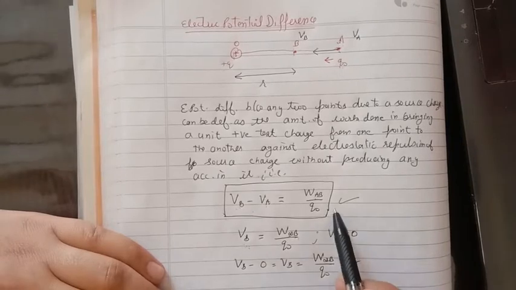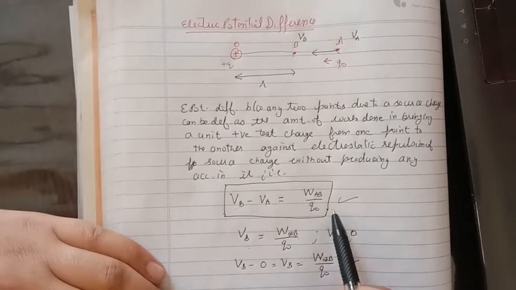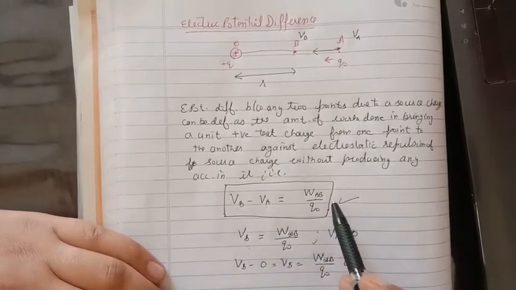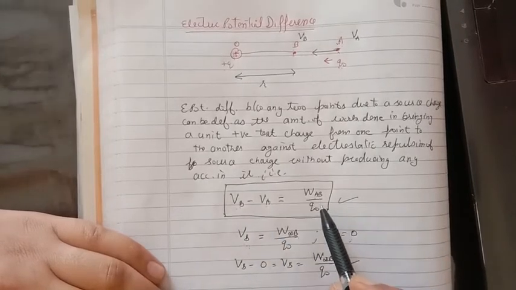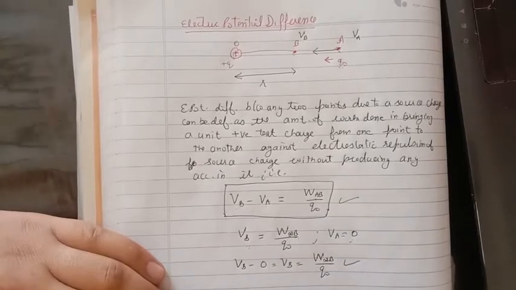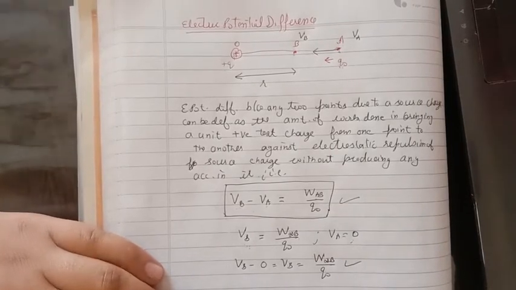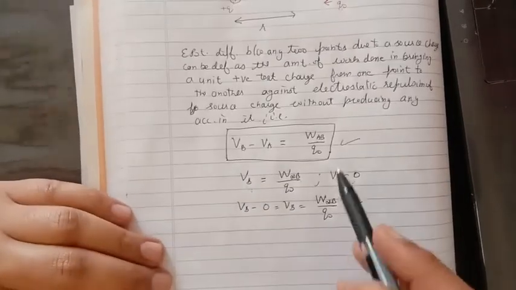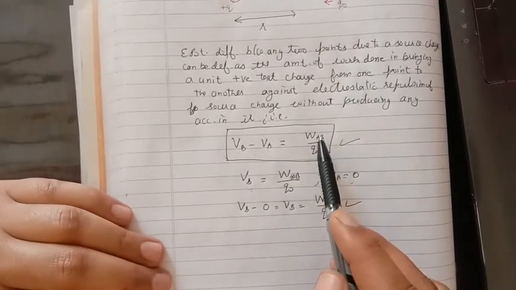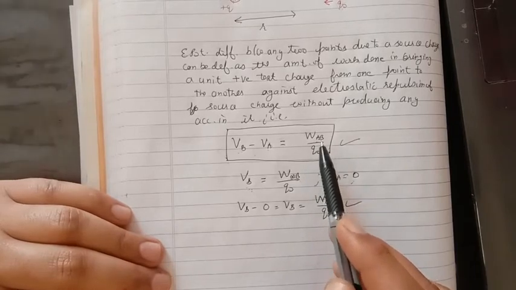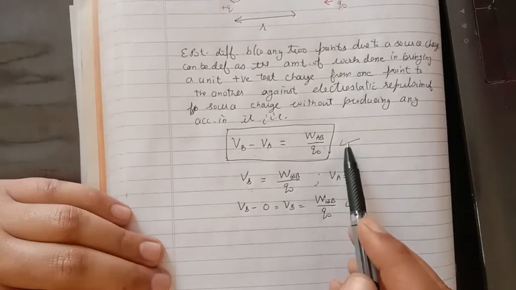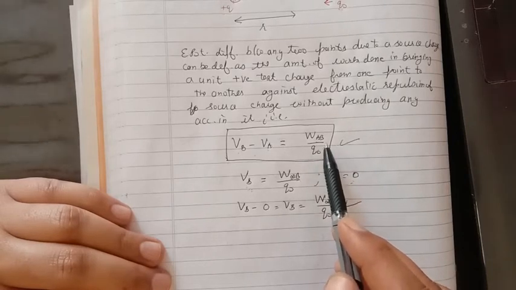So whenever we are calculating electric potential, actually we are always calculating the difference of it when the charge is moved from one point to the another point. So this is the definition of electric potential difference, because again it is the ratio of work done and the charge, so it will also have same SI unit, 1 joule per coulomb equal to 1 volt, or CGS unit 1 stat volt.